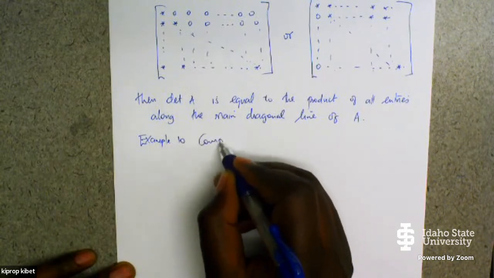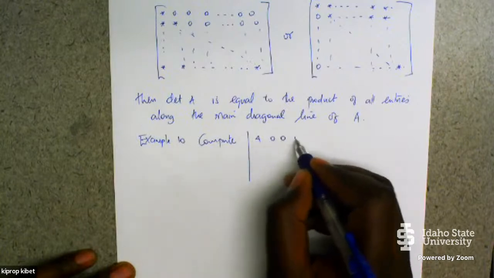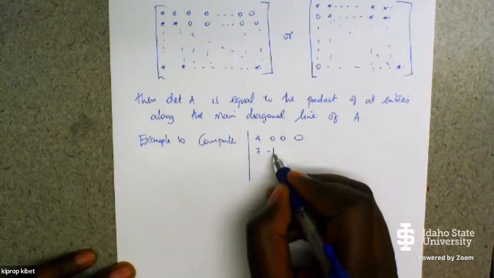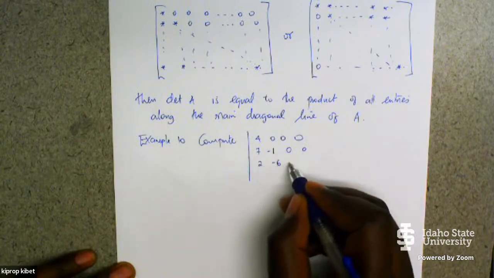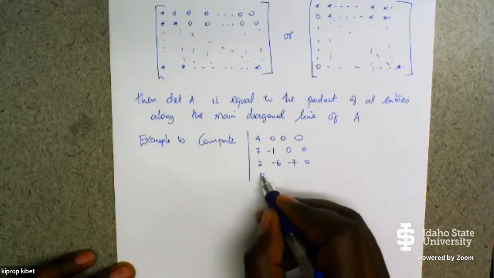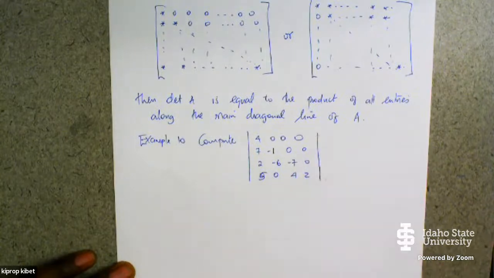For example, compute the determinant of the matrix 4, 0, 0, 0, 7, -1, 0, 0, 2, -6, -7, 0, 5, 0, 4, 2.